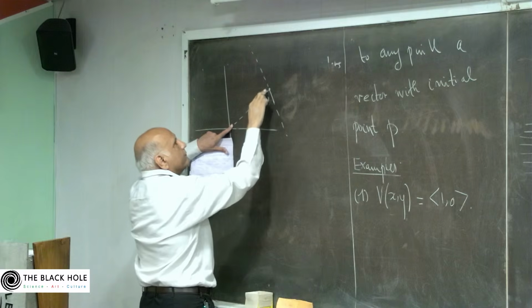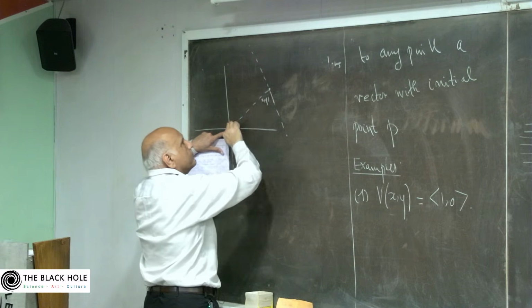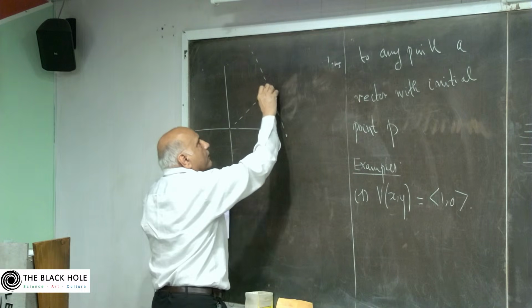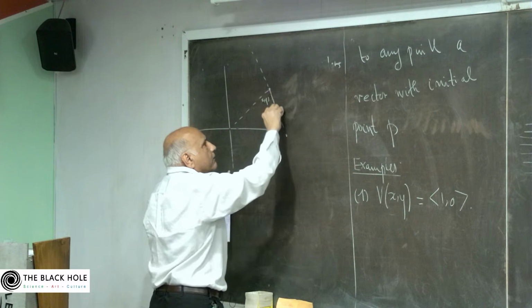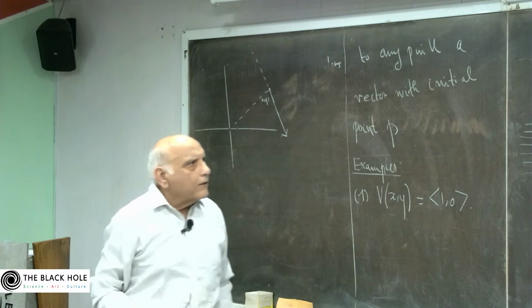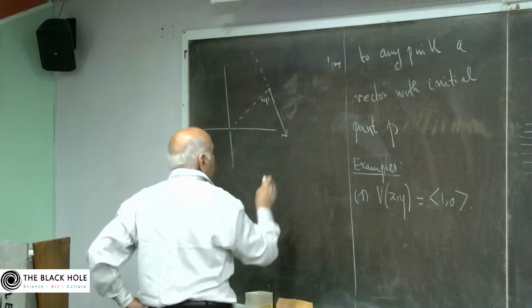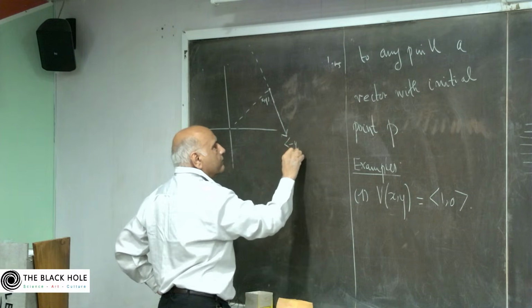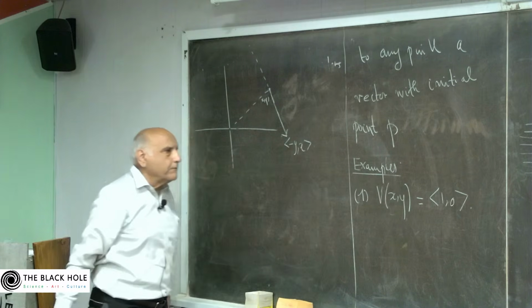So I have to take the same length. This is the point, this is the vector (minus y, x). Okay.